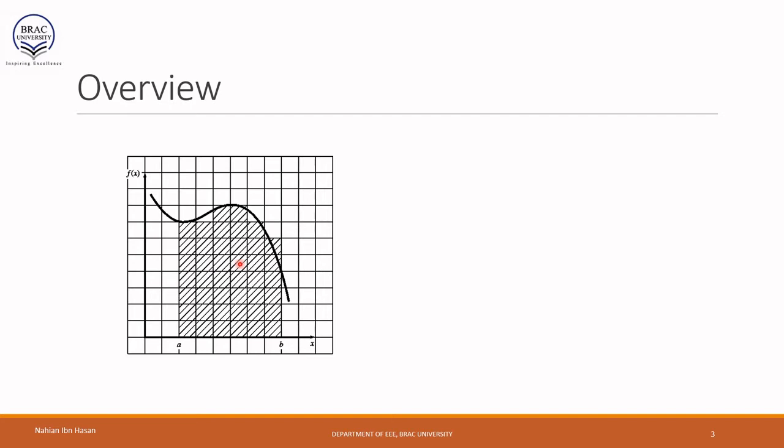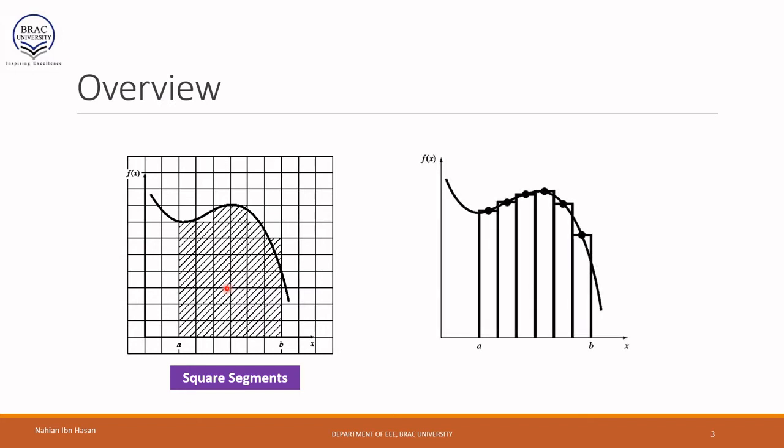That's one approach, but in practice we do not follow it, because we would have to segment the portion under the curve into a lot of square segments, and that's not feasible. So instead we follow vertical segments.